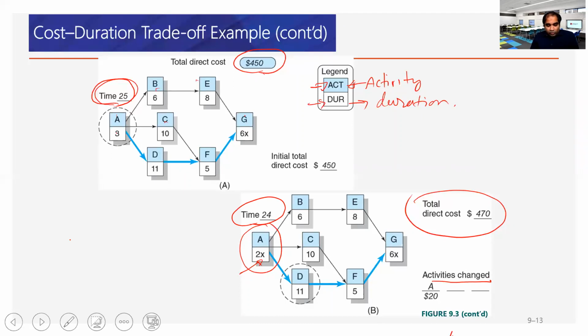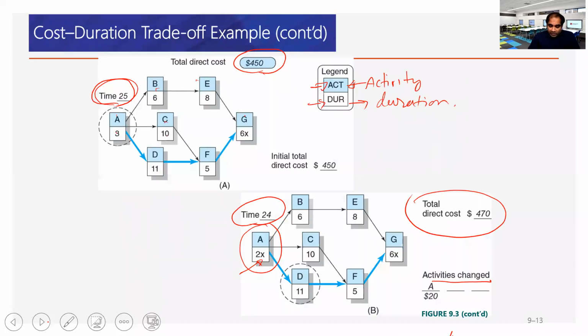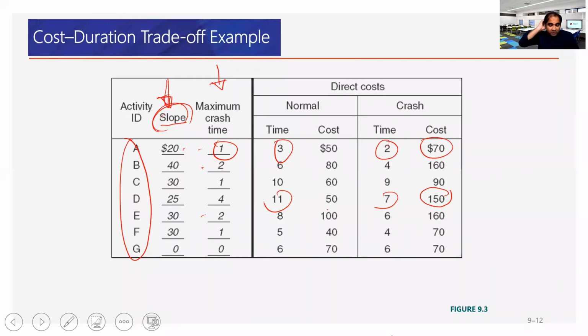Next is which one we pick. Again, there are different strategies. If we have a number of parallel activities, which one do we crash? Obviously the one with the lowest cost. Now in the next one we have B, C, and D. All three can be crashed.